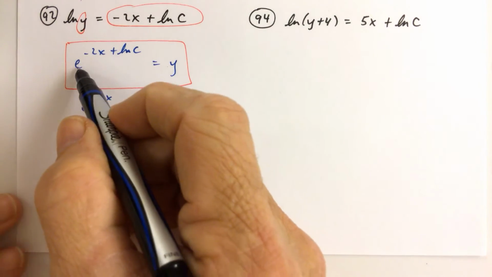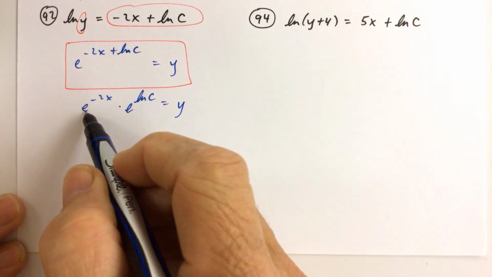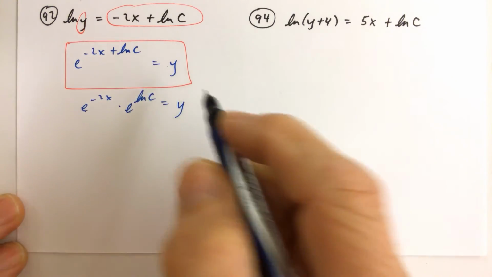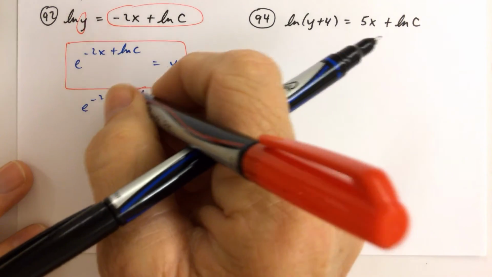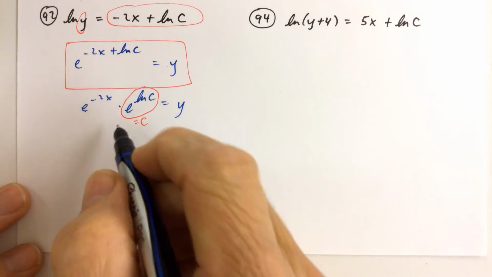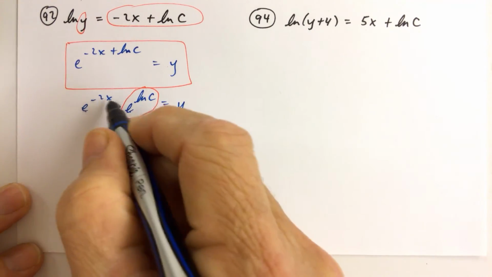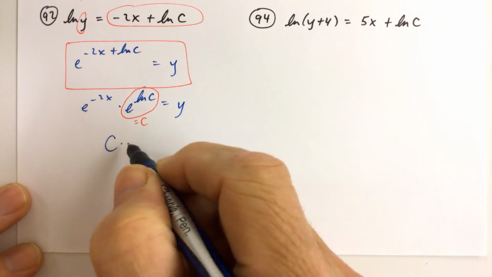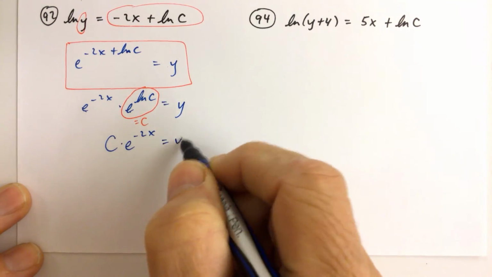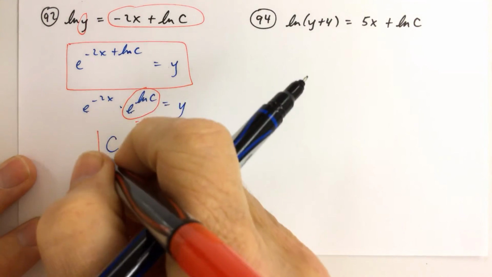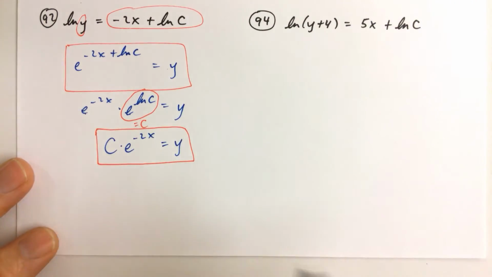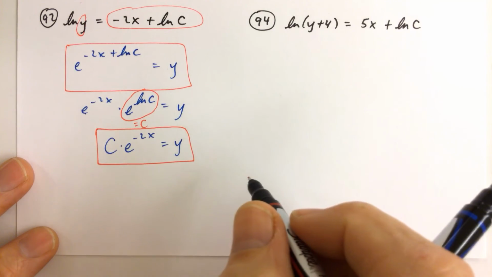We have one base, add the powers, and we split it up into one base to the power times that same base to the other power. The reason we do this is that e to the ln of c is just c. So we can rewrite this as e to the -2x times c, or it looks better when you put the c out in front and write it as c times e to the -2x. Just in case you wanted to take this problem a step further and simplify it, that would be the absolute best simplified version.